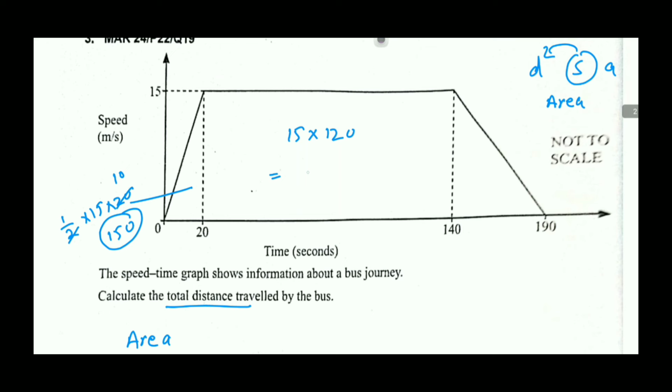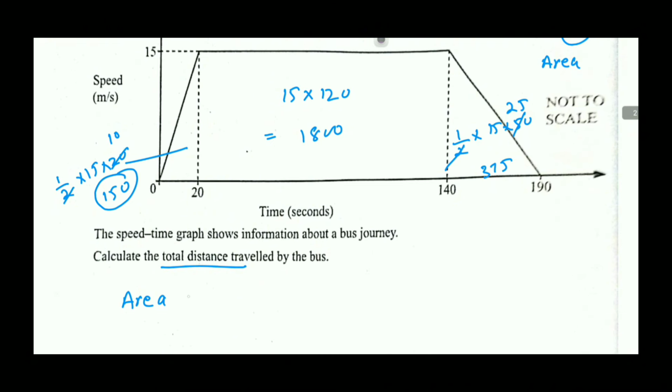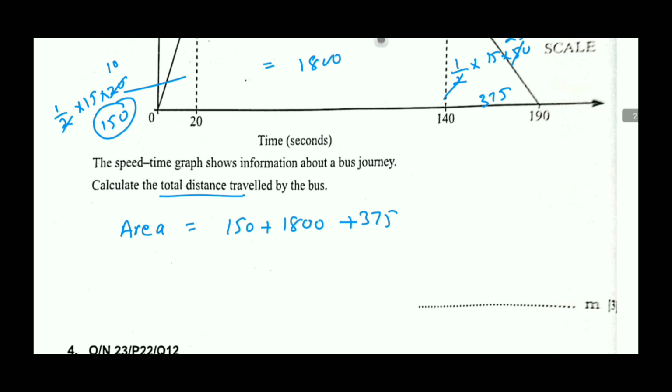That is 1800. The area of this triangle is 1 over 2 into the same length, and the width is 190 minus 140, that is 50. That is 375. Now we add these areas: 150 plus 1800 plus 375. Your final answer will be 2325 meters.